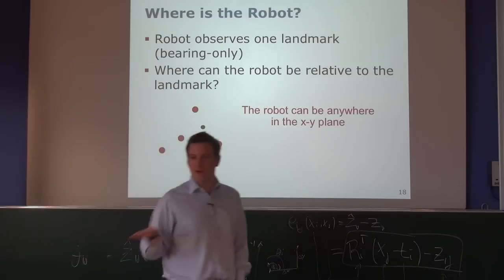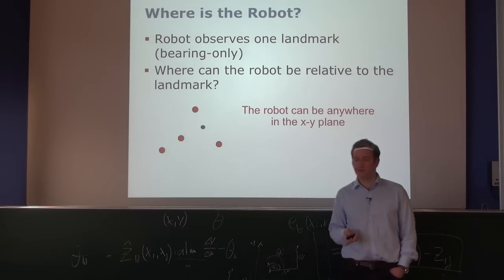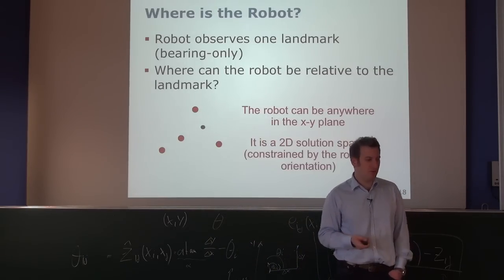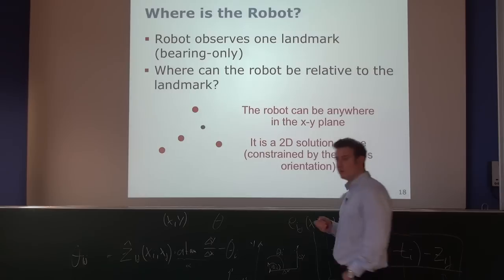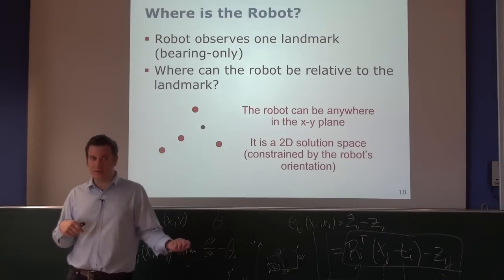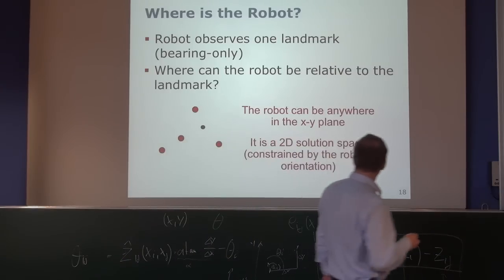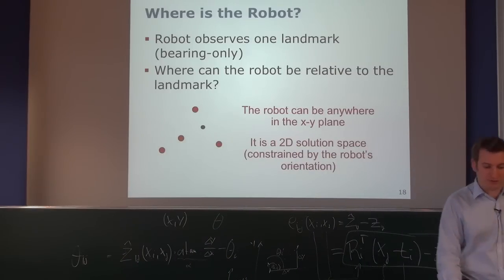I can still be anywhere in the xy space, but for every point in space my orientation is fixed. So we have a two-dimensional solution space, which is constrained by the robot's orientation.